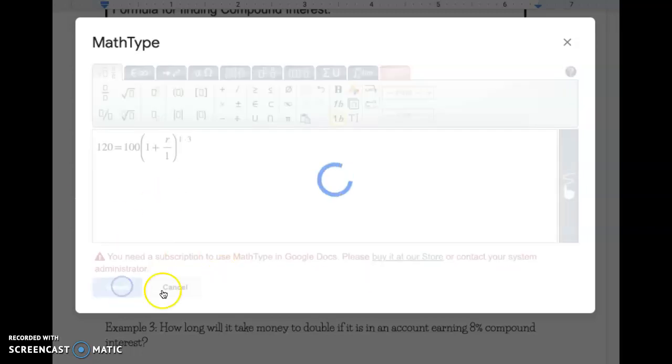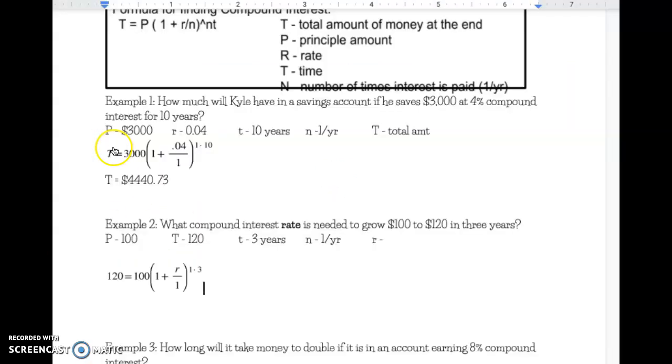Now, why is this equation tricky? Well, instead of just being able to plug and chug here, we actually have to solve this. We have to solve it for r specifically. So I'm going to do that by just trying to get r alone. The first thing I'm going to do is simplify my parentheses.